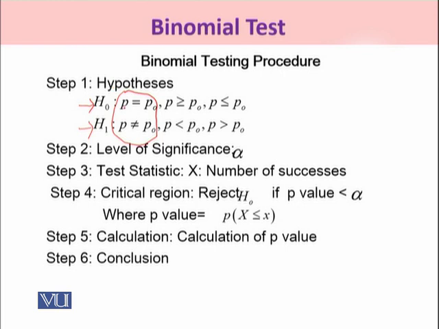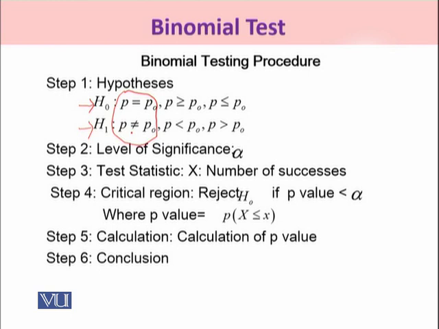This P is basically the population proportion, and P0 is the numerical value which is assigned to this population proportion. If we look at the signs, the null has the equal sign and the alternative has the not equal sign. So this particular pair of hypotheses falls under a two-tailed test, because the probability of rejection is on both sides, on the right hand side as well as on the left hand side.